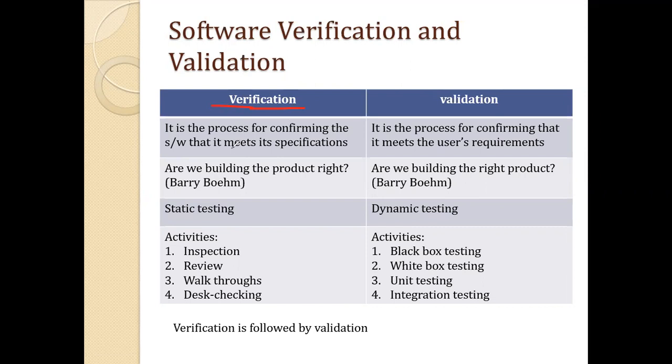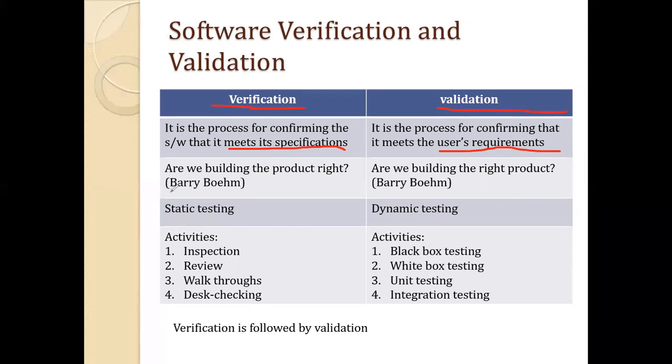So you are going to see whether your software is going to meet its specification or not. Then in case of validation, it is the process for confirming that it meets the user's requirements. Okay. So as per the specification, as per your SRS document, whether it is satisfied or not, it will be checked under verification, and in validation, it will be checked as per the user's requirement.